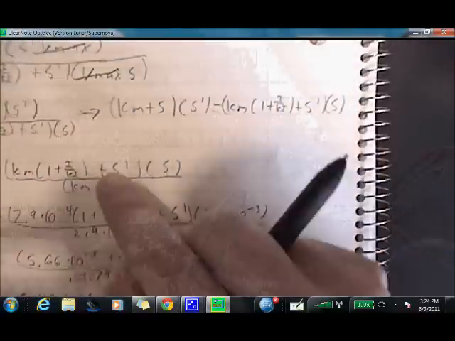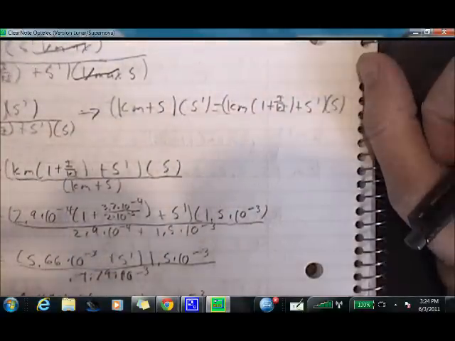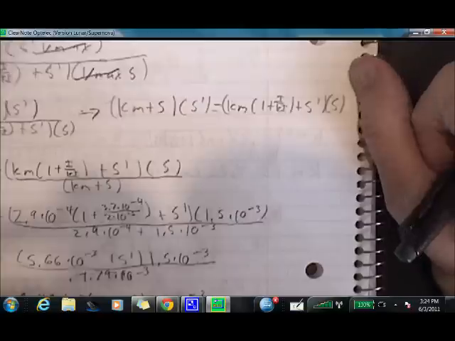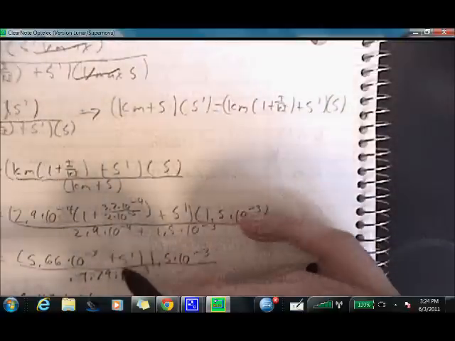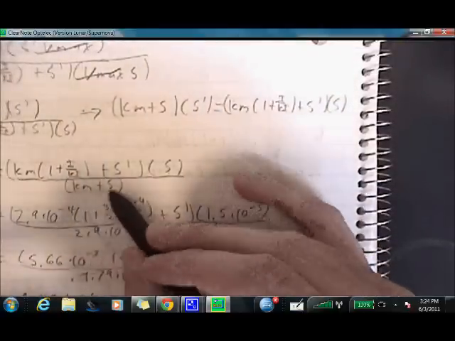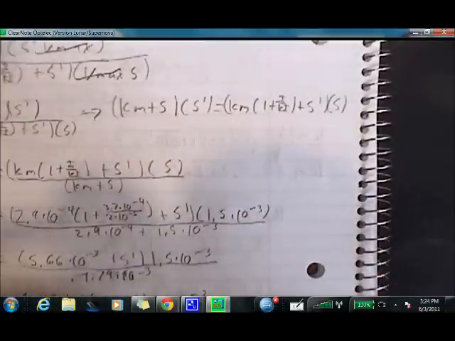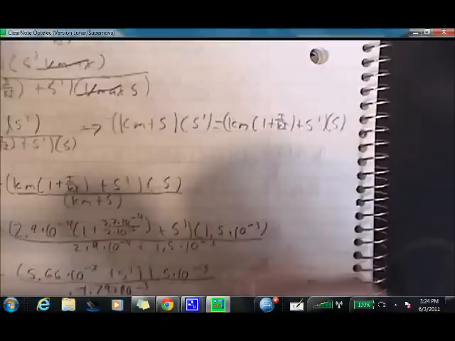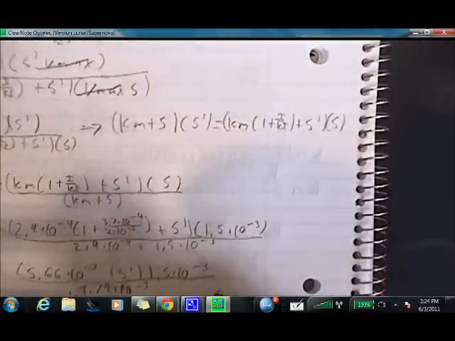You can keep on simplifying until you really do get only one S. But sometimes it's better to plug it in and get one number for this whole term because these are all constants. You just have to weigh it against what you're comfortable with. I'm comfortable with working it like this.